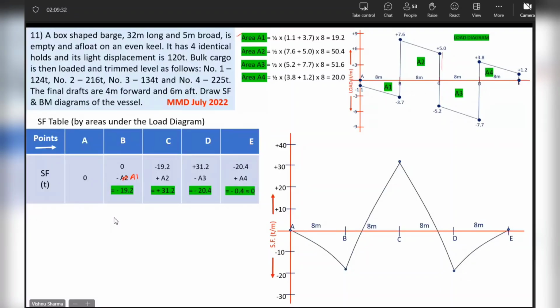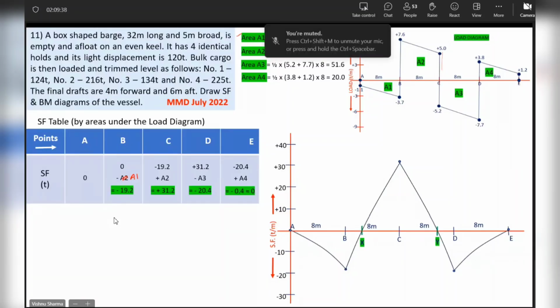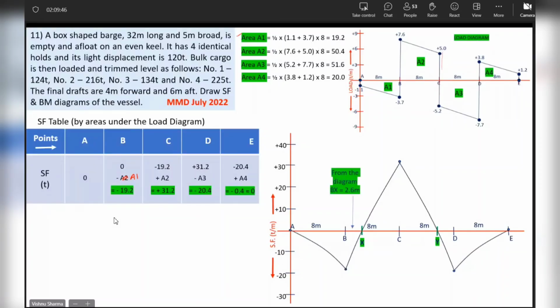Now this shearing force diagram is cutting the x-axis at two more points, x and y. So that means for BM, I'll have to have 5 plus 2, 7 points now. I can put the values. Now the thing is, I will need this distance and this distance. Yes, I can calculate by quadratic equation the way we solved yesterday.